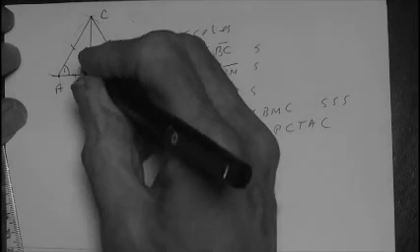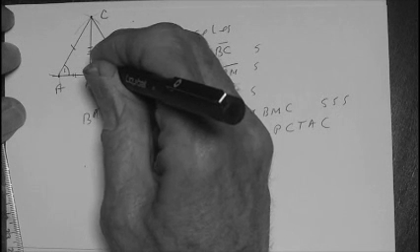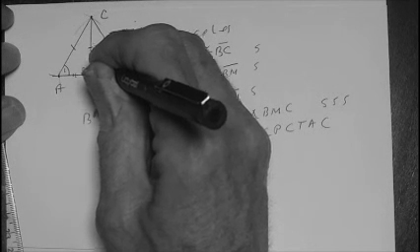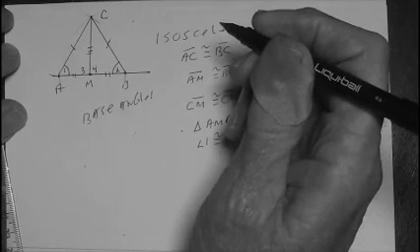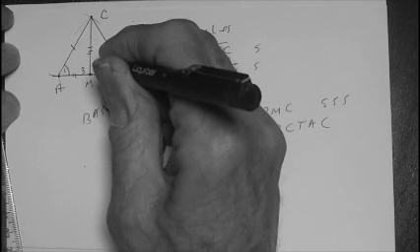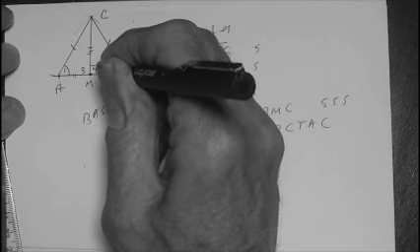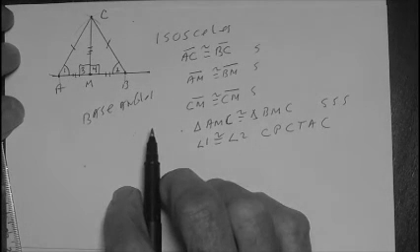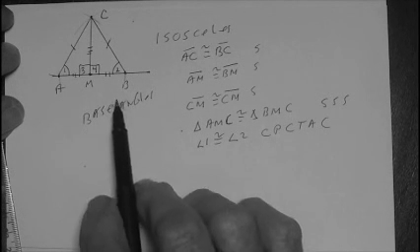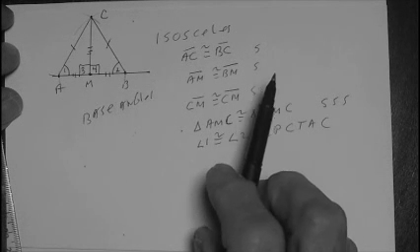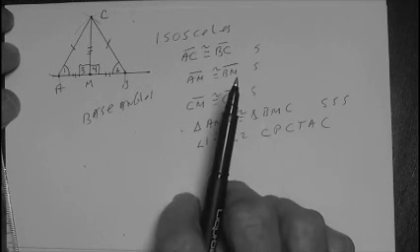And incidentally, we can also notice that angle 3 and angle 4 are going to be equal to each other. And since they add up to a straight line, then each one of these has to be 90 degrees. Isn't that interesting? We've got that one measured. Those two are 90 degrees. It has to add up to 180, and they're equal. So that's about all we know about this.